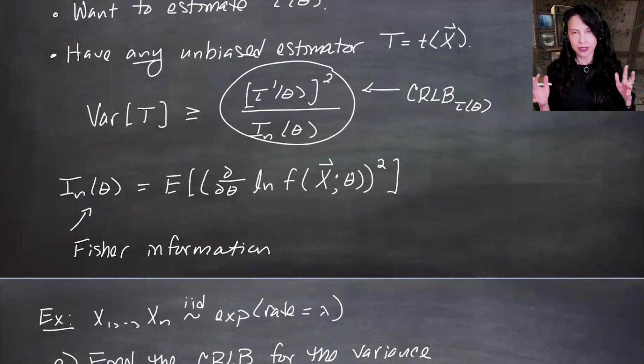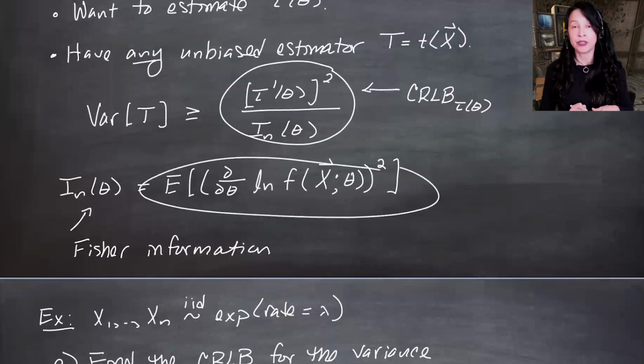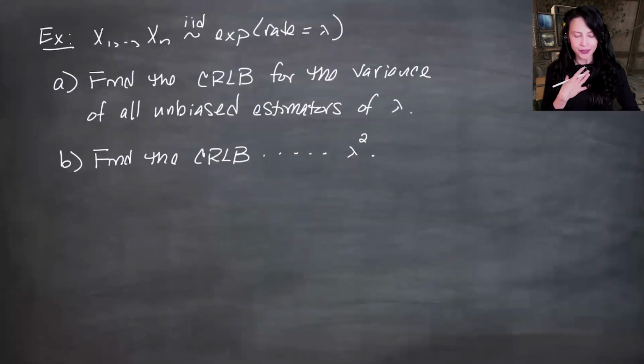So that's kind of why it's called an information term, although information has a broader meaning. But for now, we'll just think of it as containing all the information in the data. All the X's are in the denominator, and the denominator has nothing to do with tau, and the numerator just has to do with tau and not the data.